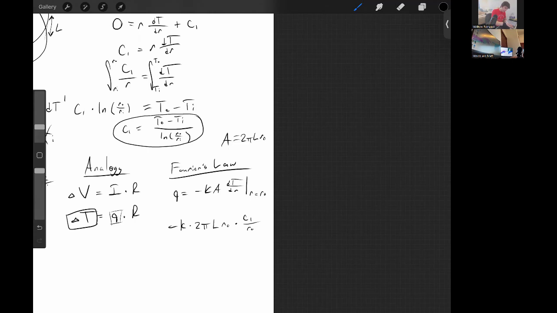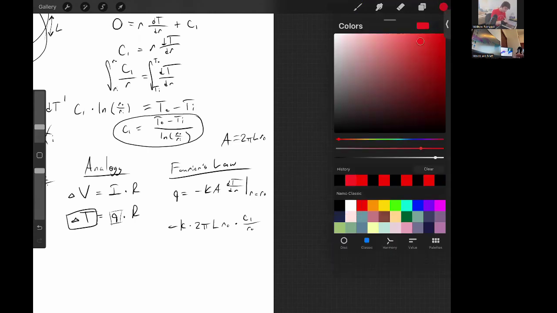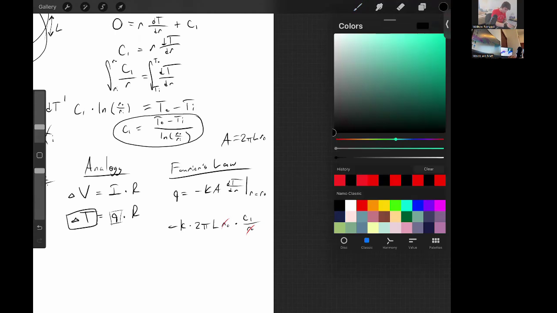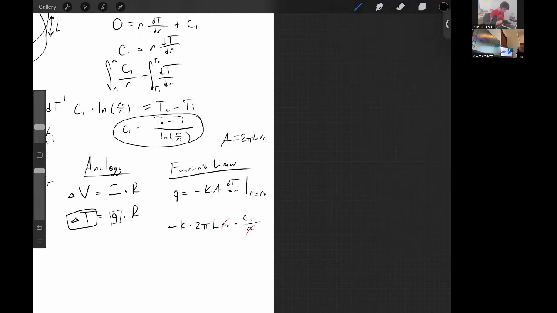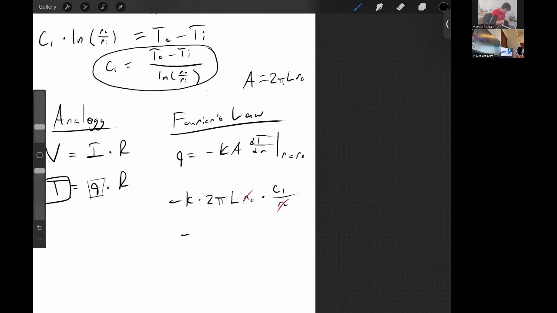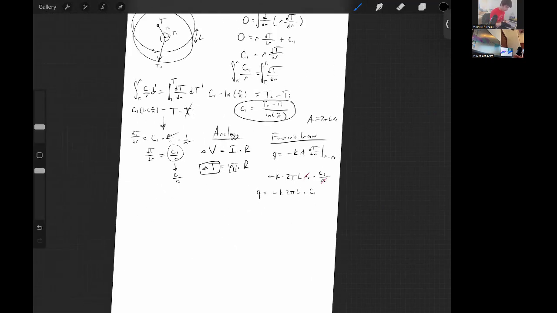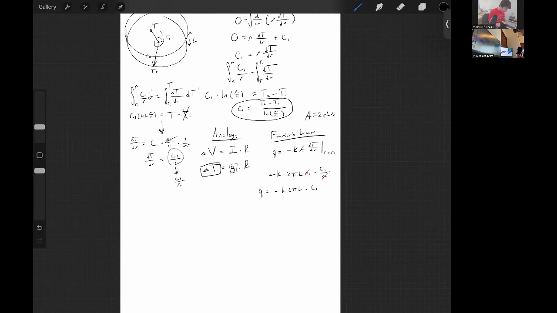And when we do that, we can cancel out like terms, because it's being divided by that. And we get that Q equals negative k 2 pi L multiplied by C1. Okay, great. So we know what C1 is.